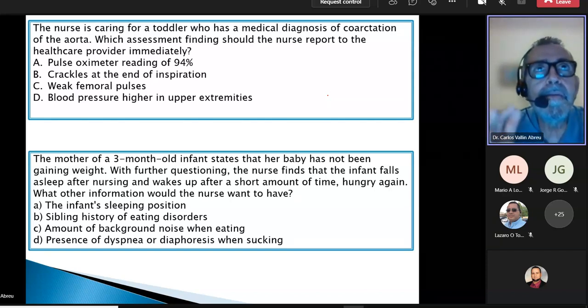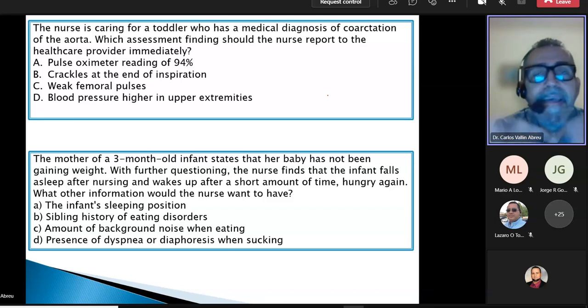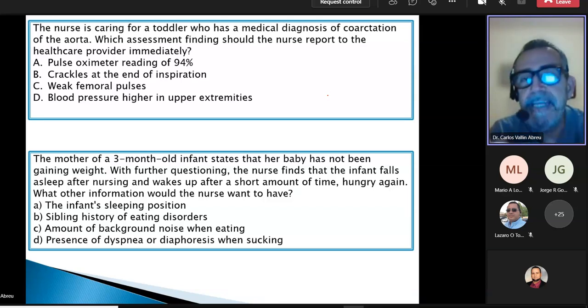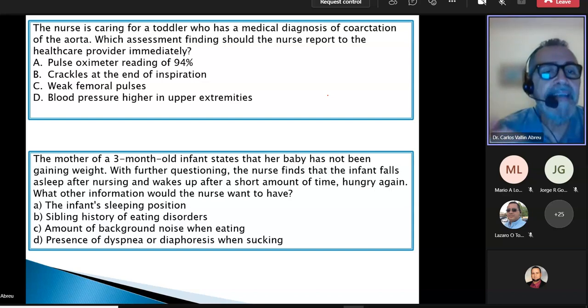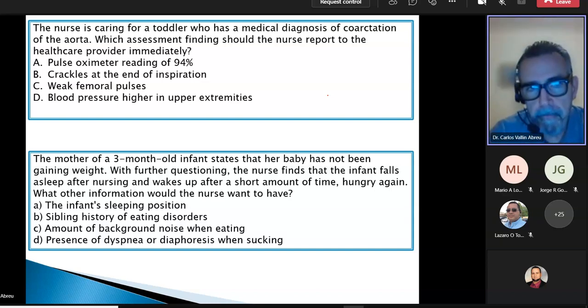So what we learn here from this question, in any situation, in any condition, is that what is expected in the condition is not reported as an emergency. Because it is expected. If a person has, I don't know, pneumonia and has fever, this fever always needs to be reported, but not immediately.